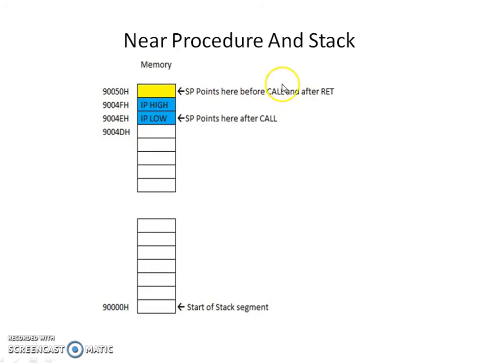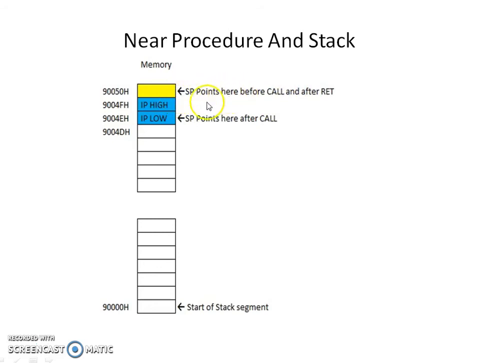Whenever you call a procedure, you have an immediate instruction after the call instruction, and that instruction has some address. After executing the procedure, the control must transfer to the next instruction immediately after the call instruction. That next instruction address is placed in the IP register.